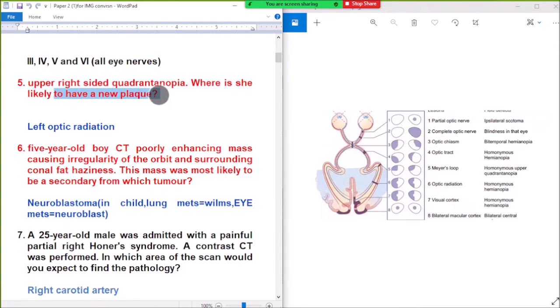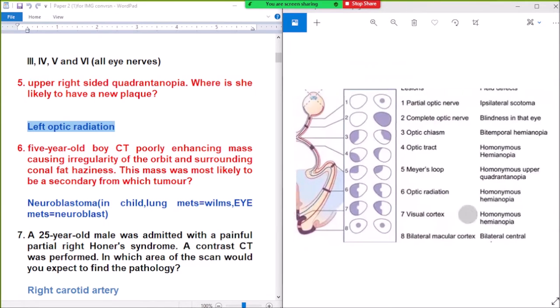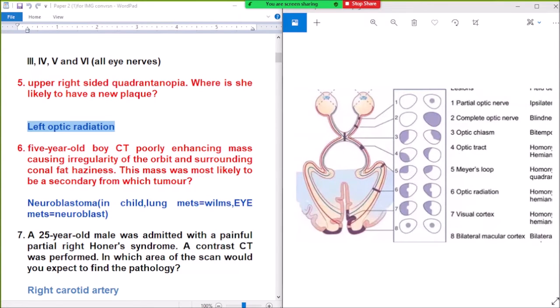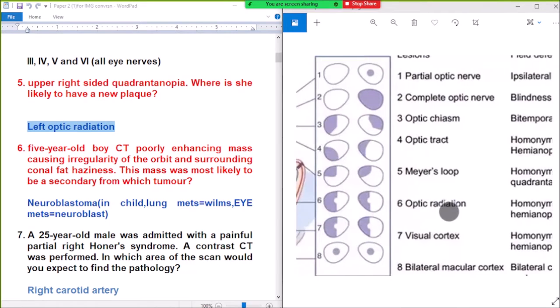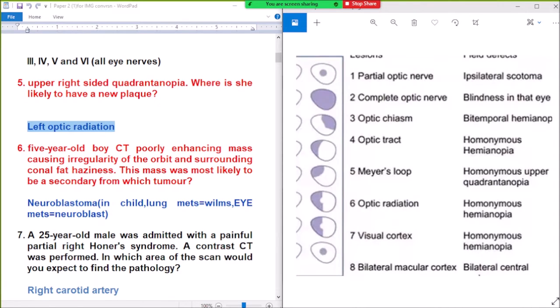Upper right side quadrantanopia. Where is she likely to have a new plaque or lesion? Left optic radiation. When optic radiation is damaged, the patient has a homonymous hemianopia or quadrantanopia.